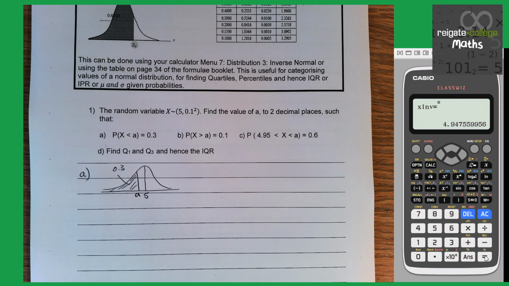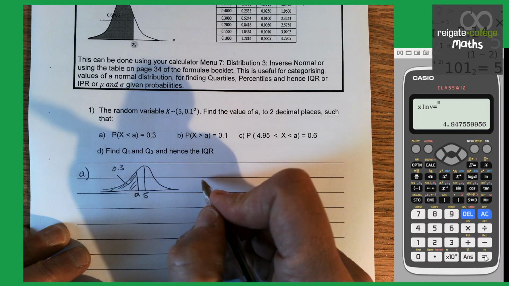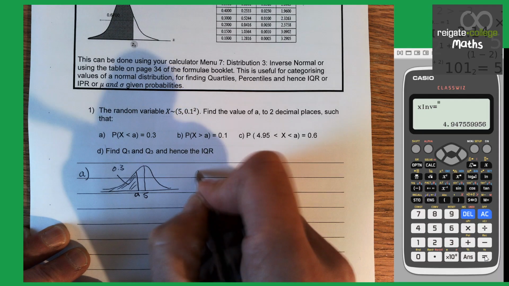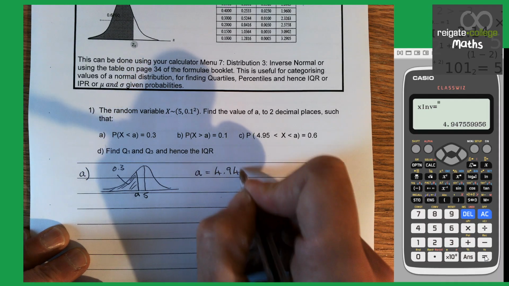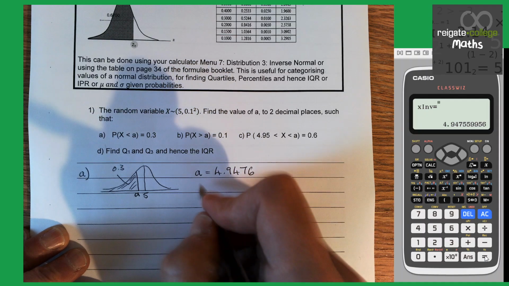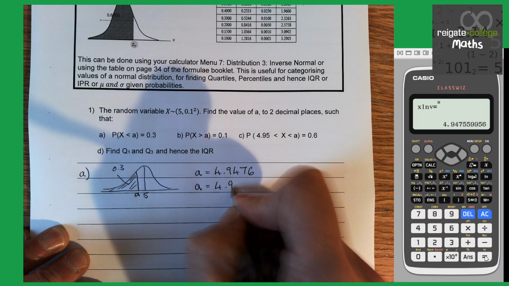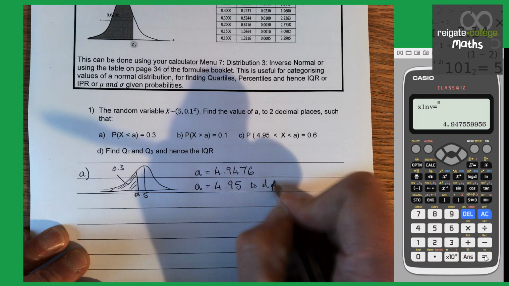That gives us a value for a of 4.9476. We wanted two decimal places, so a equals 4.95 to 2 decimal places.